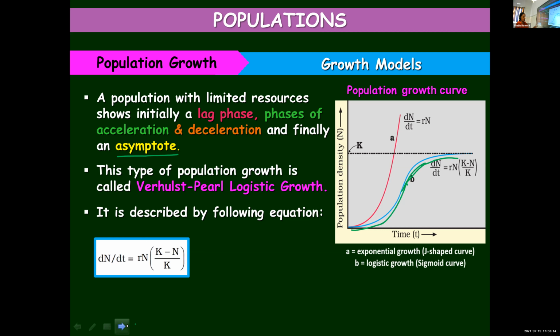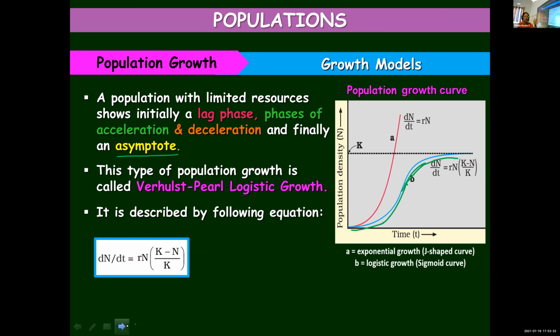So, two different equations; you should not get confused. For the previous one, the exponential growth curve, the equation is dN by dt equals rN, where dN and dt represent a change in population density and a change in time.